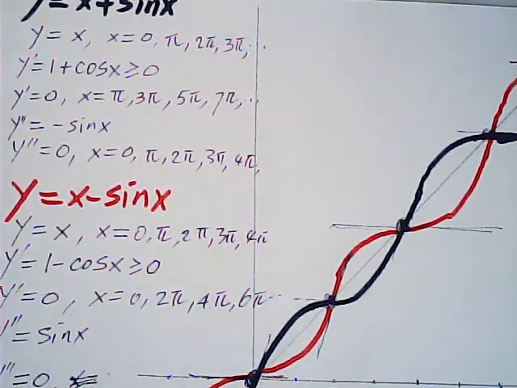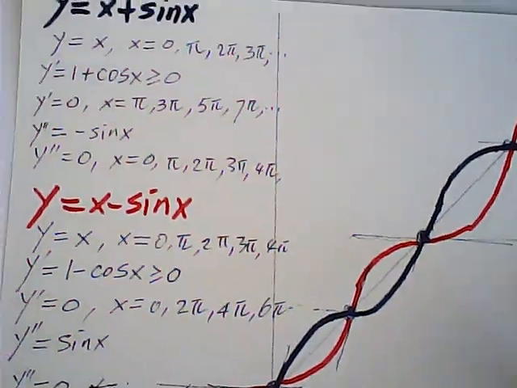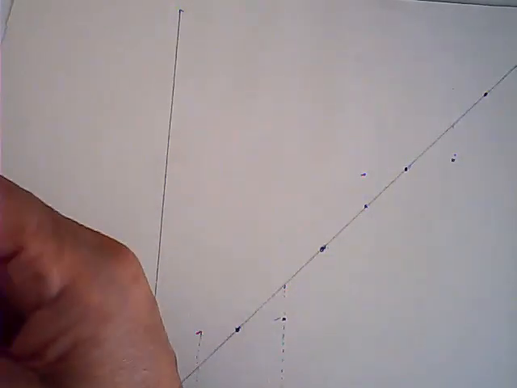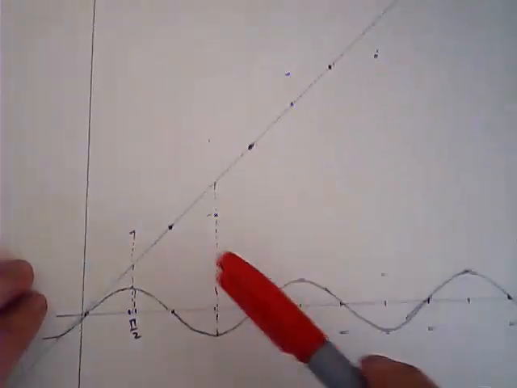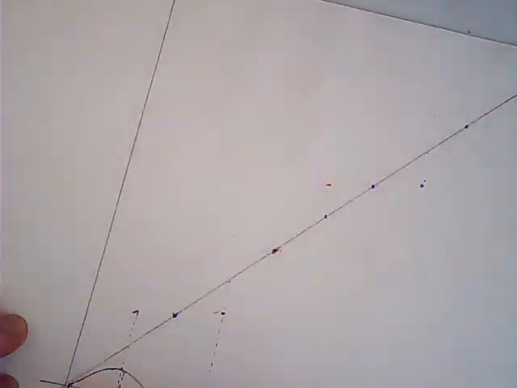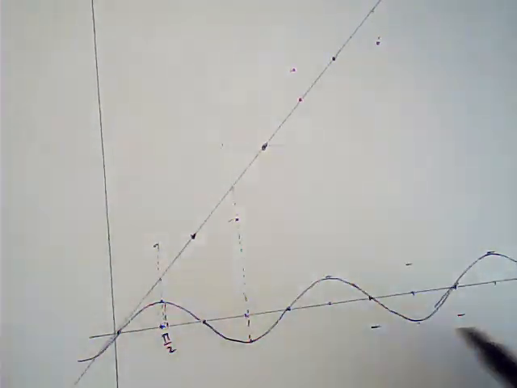Now we can derive the curve this way. Now we have a sine curve. We have y equal to x, right? This is y equal to x. This is equal to sine x.